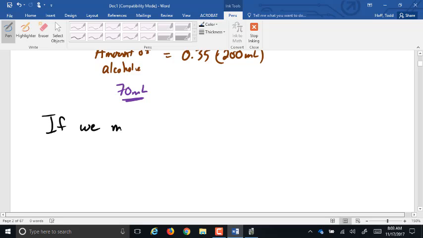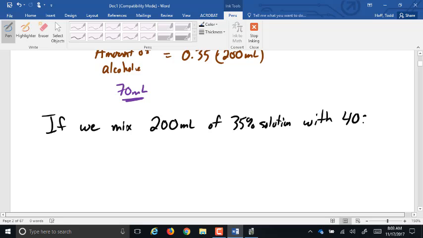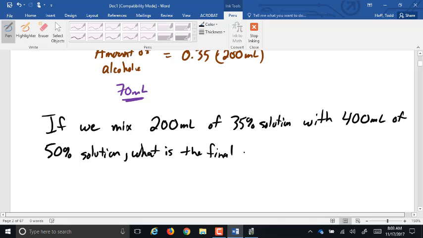If we mix 200 milliliters of 35% solution with 400 milliliters of 50% solution, what is the final concentration?